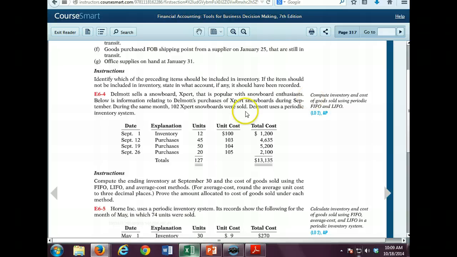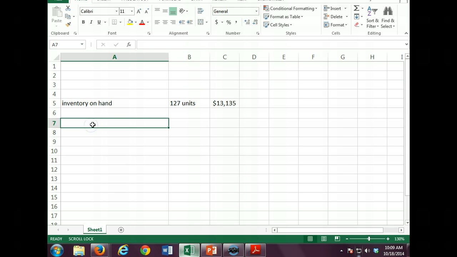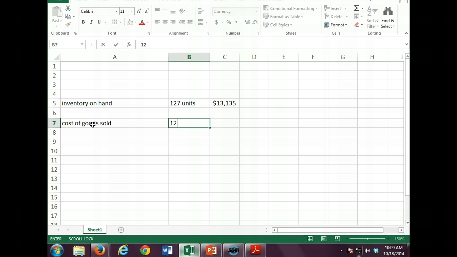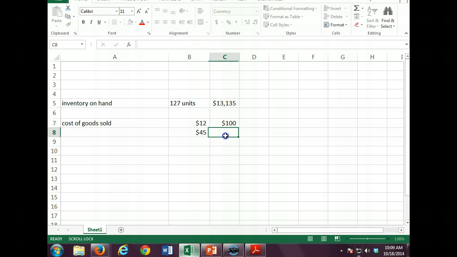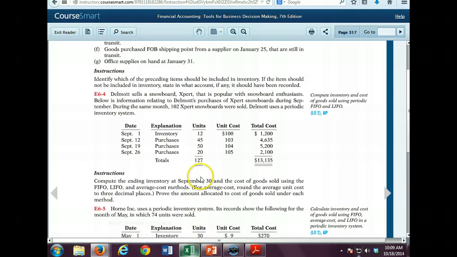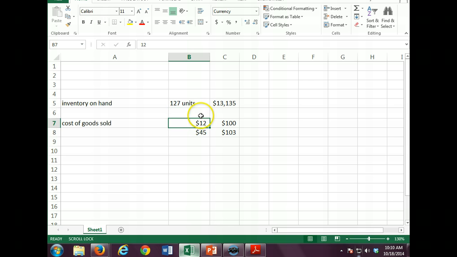So for cost of goods sold we would show 12 units at 100, 45 units at 103, and then 45 of the units from September 19th. Excuse me, that was 103.